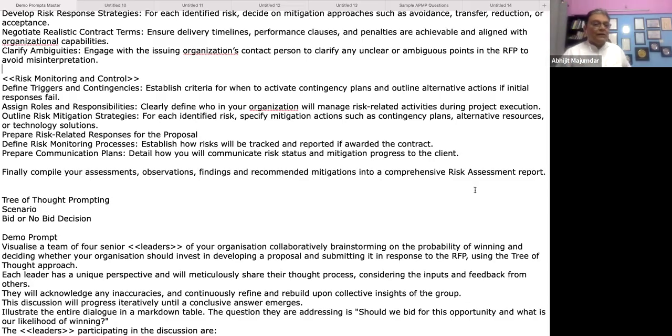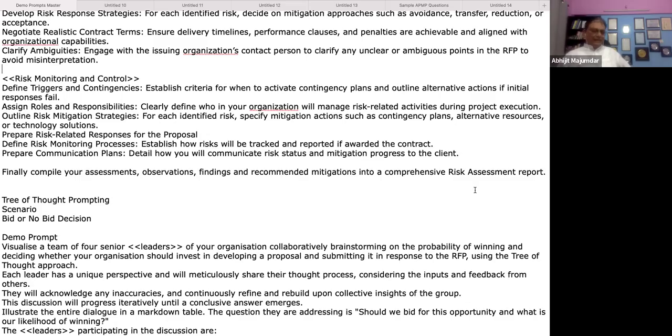To demonstrate tree of thought, I am going to use it for a bid no bid decision. In real life, the bid no bid decision is not dependent on one single person, unless it is a one person organization, or only the loudest voice matters.